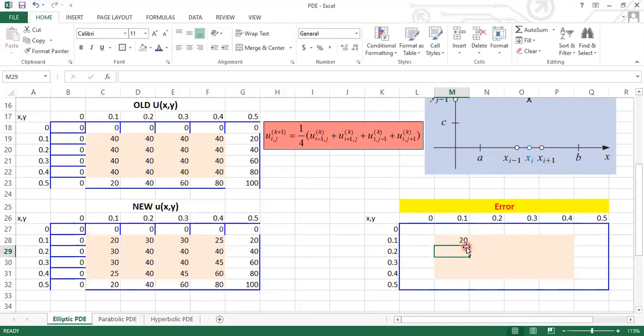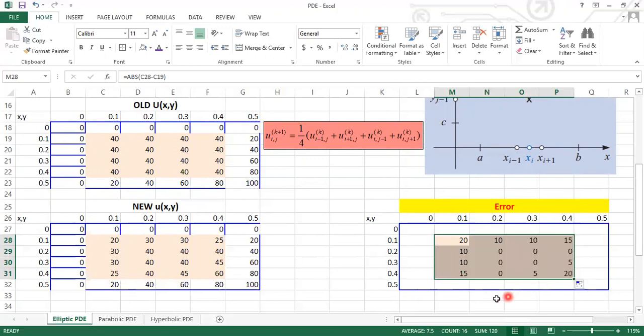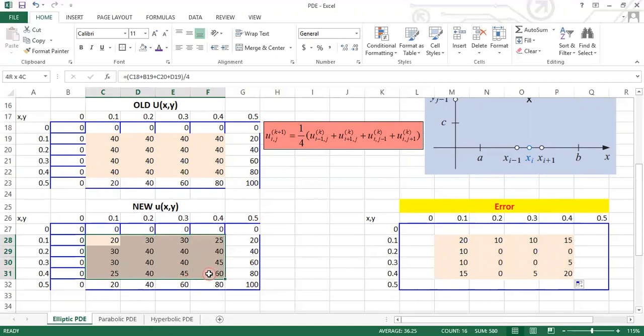And the same I have to repeat for all of the interior node points. The next step is to repeat this calculation and keep on until the error is smaller and smaller than our convergence criterion.